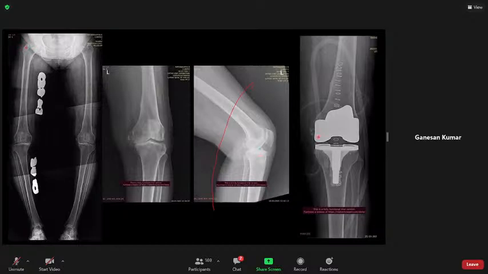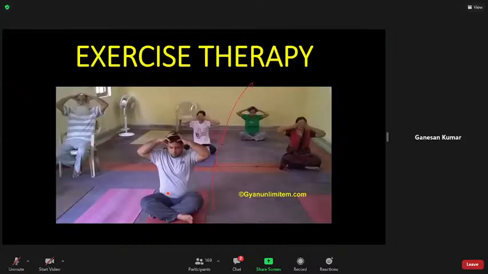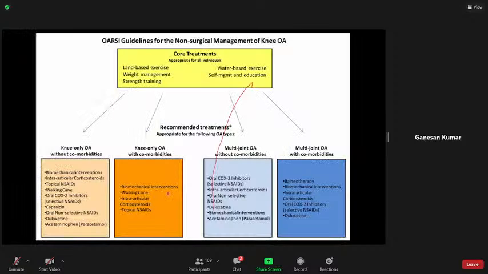So coming on to the exercise therapy, the basic recommendation is, when you have a knee OA without comorbidities, you can use medicines, exercises. So this is a flow chart which will recommend what kind of medication and modifications you need to do.